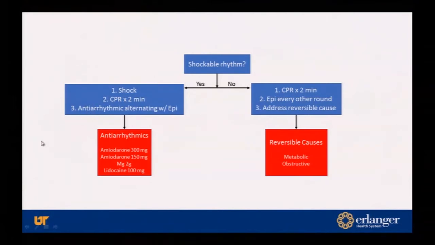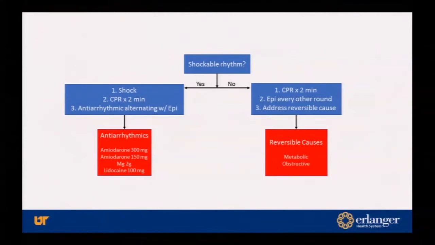As you're doing CPR and checking your pulse every 2 minutes, you can give antiarrhythmic medications as well, which alternate with epinephrine. So your antiarrhythmic medications are going to be amiodarone 300 milligrams on the first dose, amiodarone 150 on the next time you're due for an antiarrhythmic, and then you can also have an option of giving magnesium or lidocaine later on in that algorithm.